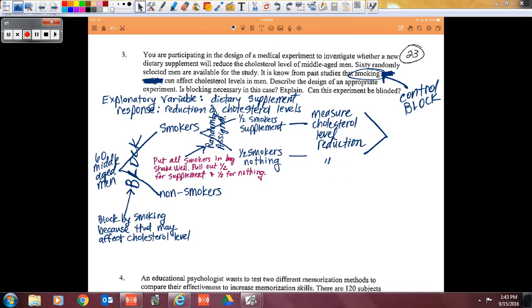Yep. And now what? Compare. What kind of numbers will this be? Proportion or an average? These are number values. Your cholesterol is a number. So compare the average cholesterol reduction between the two groups.